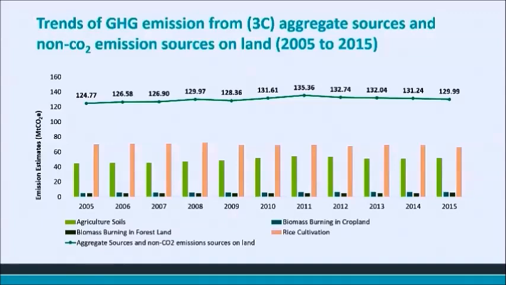policies that look at limiting emissions from agriculture, except perhaps you could say that there was the agriculture mission that was identified as a priority in the national action plan on climate change.